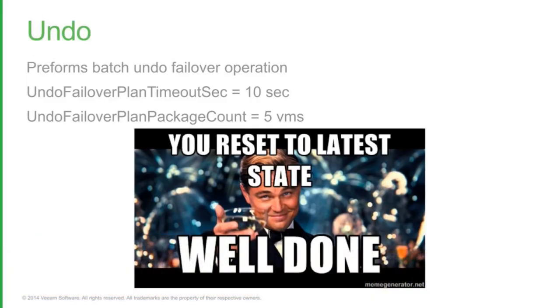There are also different execution mechanisms for undo, not the same as for failover. We process machines in parallel and in packages, for example, by default 5 VMs with a delay between packages of 10 seconds. It's also done because we care about the performance and health of your host. Of course, if you are performing hundreds of replica undo failovers, it also decreases performance very much.